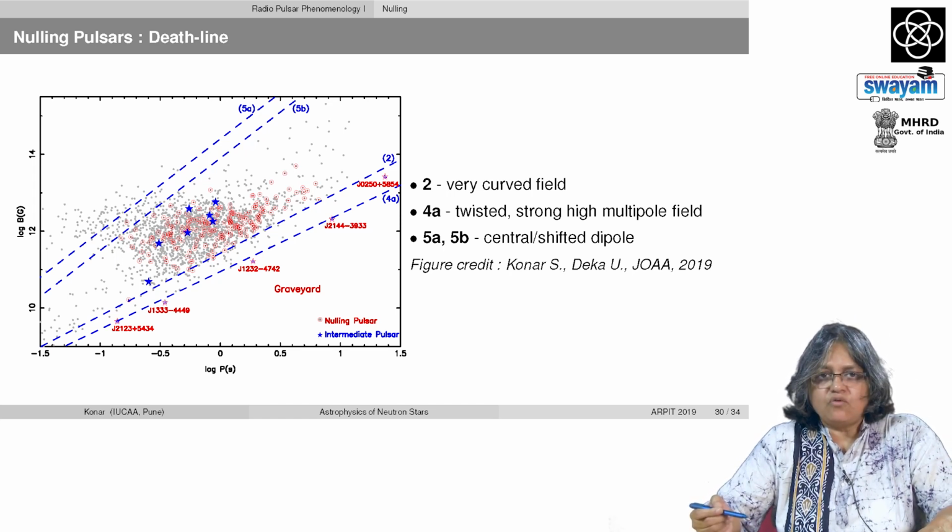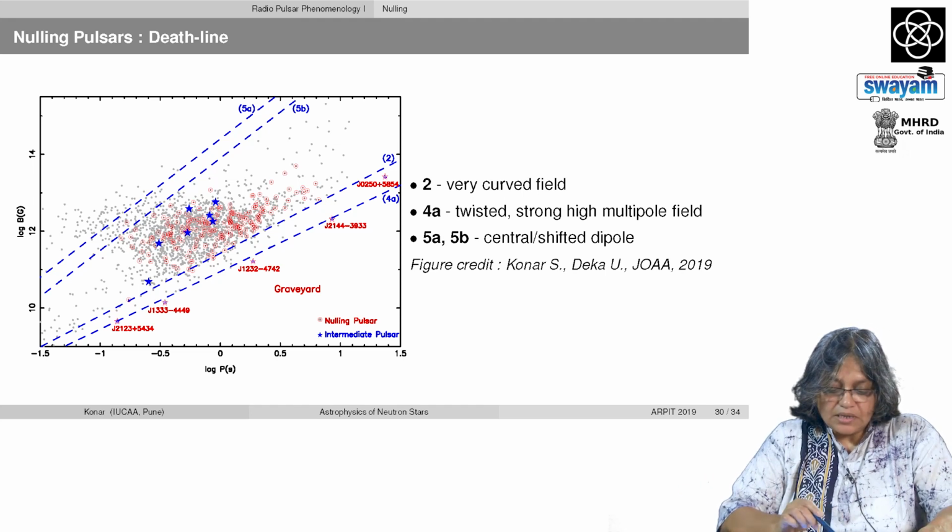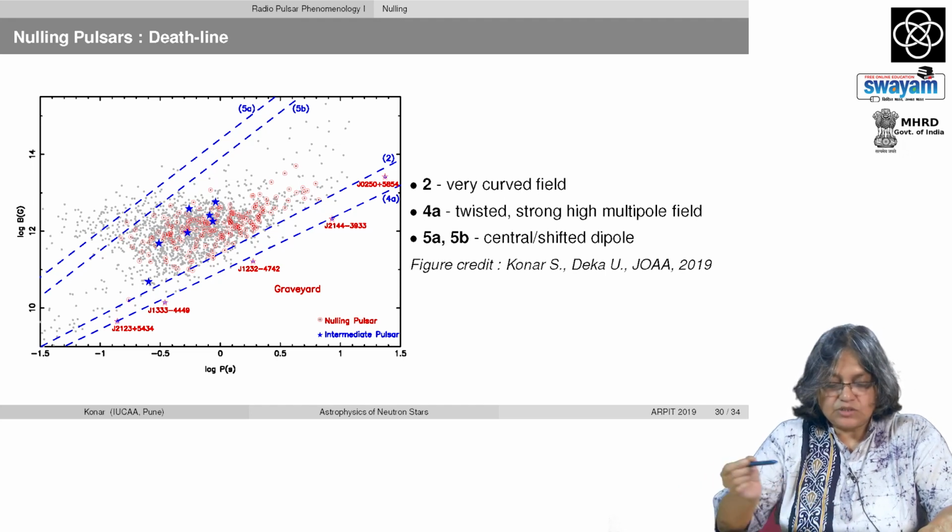It is a combination of the spin period and the magnetic field, beyond which the radio pulsar emission mechanism, which is dependent on the strong field and fast rotation, would not function. Therefore, a neutron star, even though it might be rotating, even though it might have a magnetic field, would not be visible as a radio pulsar, and such a line is called a death line, shown by these straight lines in this plot.